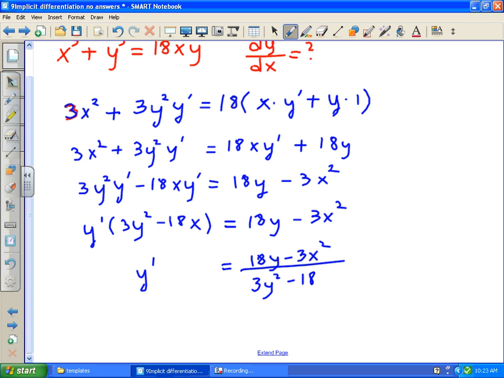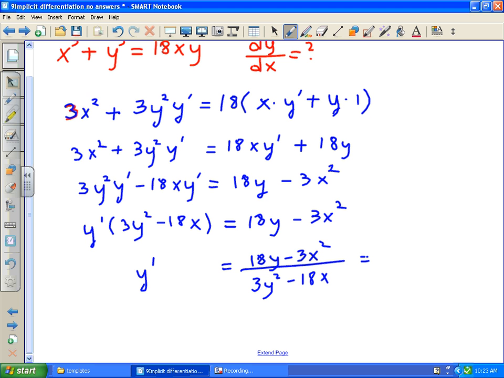But there's one extra thing we could do here. Like, could I cancel those 18s? No. Could I cancel the 3s? No, because they're parts of terms. There's a minus sign in the middle. We cannot do that. However, could we factor something from the top and the bottom and remove the common factors? Yes, and that factors 3, right?